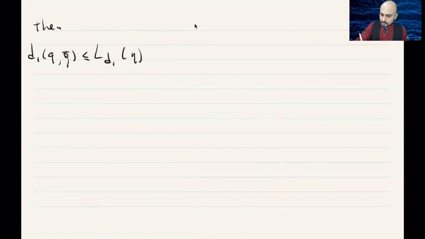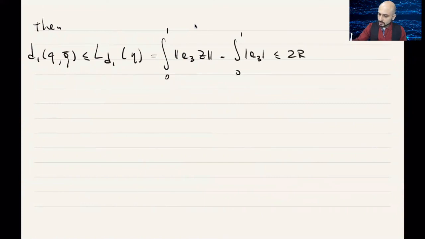So this is the integral of A3 z, the norm with respect to the first scalar product, lambda equal to 1, which is exactly the integral between 0 and 1 of the norm of A3, which we said is less or equal than 2r lambda. And this number goes to 0 as lambda goes to 0. R is fixed. Okay?